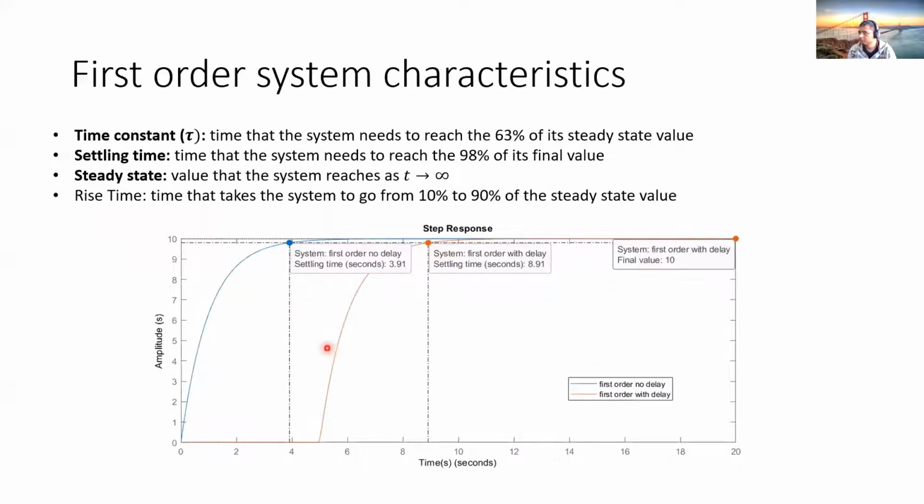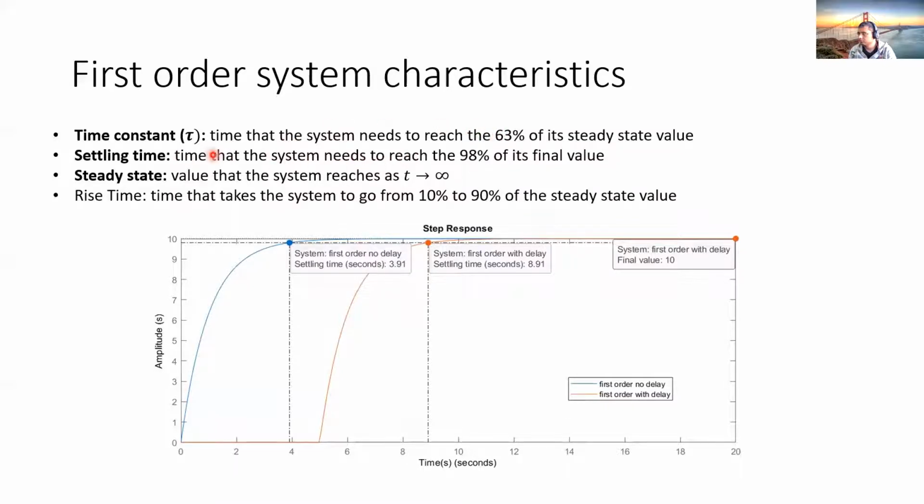All right, so for this first order system, we have some features or characteristics that we can analyze. For example, the first one is time constant. We mentioned that one in the last lab: it is the time that our system needs to reach 63% of the steady state value. This is the time constant tau.